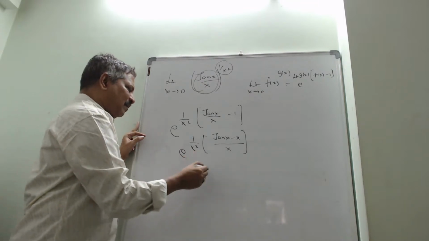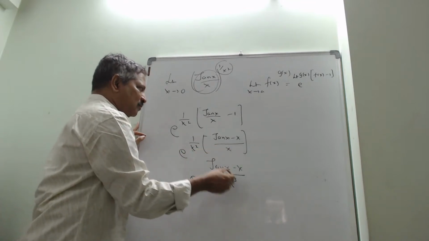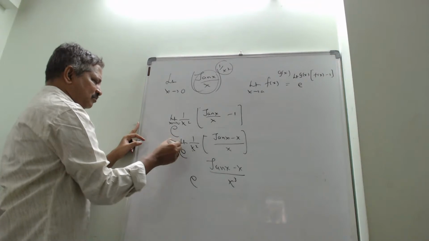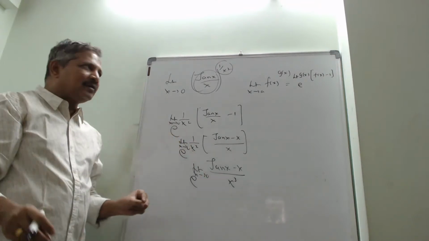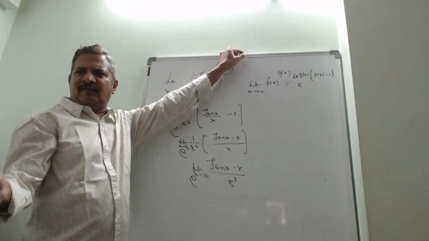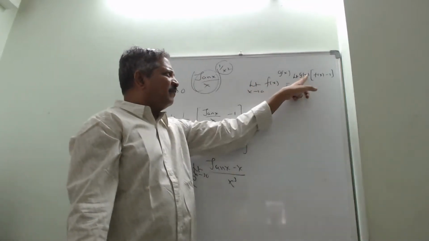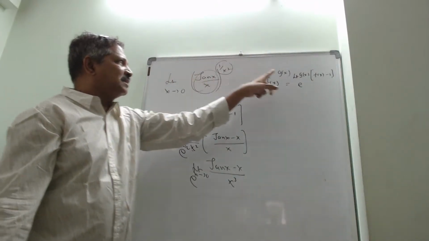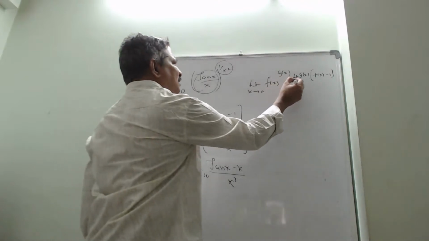Next, e power (tan x minus x) by x square, the limit as x tends to 0, with x cube. As it is, this limit will continue until the formula is solved. Limit x tends to 0. I will repeat again: tan x is f(x), this is g(x). f(x) power g(x) is e power limit of g(x) into (f(x) minus 1), whatever limit is there, it continues.